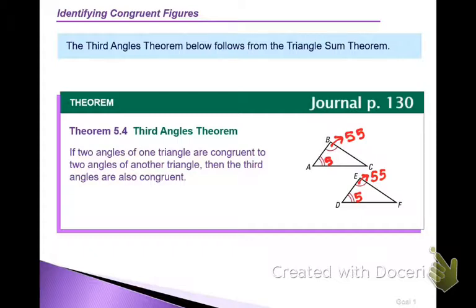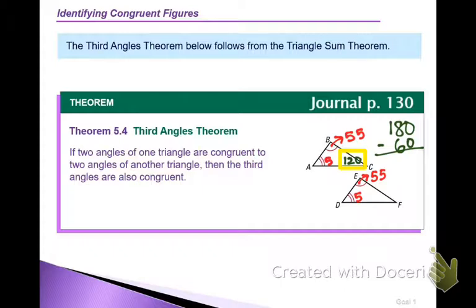So let's think about this. How many degrees fit inside of a triangle? 180. In our first triangle, how many degrees are already taken up? 60. What's 180 minus 60? 120. I know this is not to scale, but just write with me here. Did anything change in my second triangle? No. If it's already 55 and 55 and 5, what's 55 plus 5?